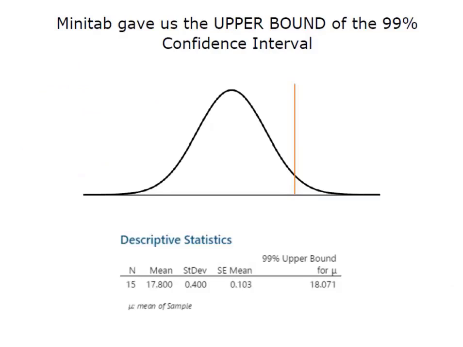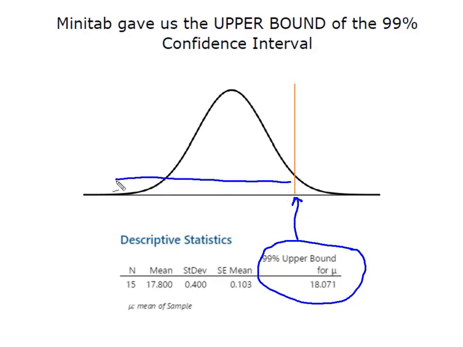You'll notice what happened down here was Minitab gave us the 99% upper bound, which is this boundary right here. What we know is that if that's the upper bound, the interval runs this way, and anything beyond the boundary of our confidence interval, anything up in this area, is going to be a reject H0 decision.